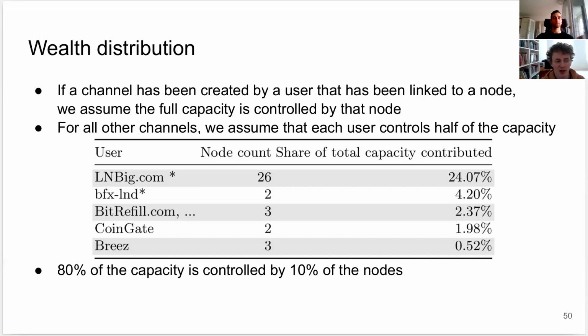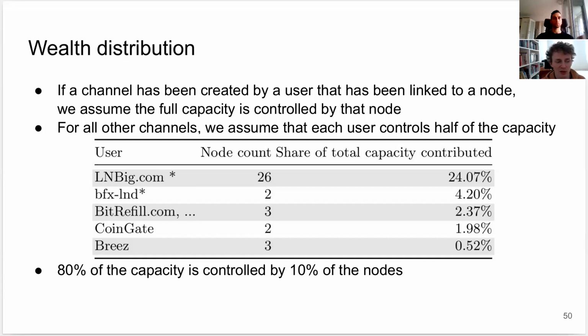So if a channel has been created by a user that has been linked to a node, then we can assume that the full capacity is controlled by that node. And for all other channels, we assume that each user at each end of the channel controls half of the capacity. If we sum all that up, we can look at which users are actually controlling a large capacity share.